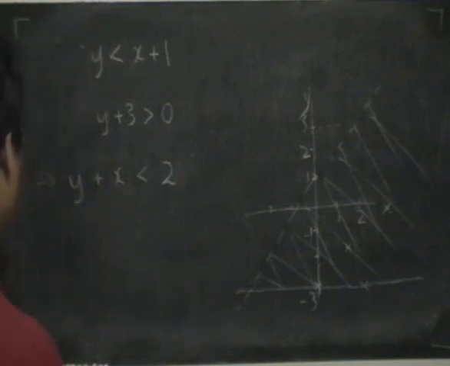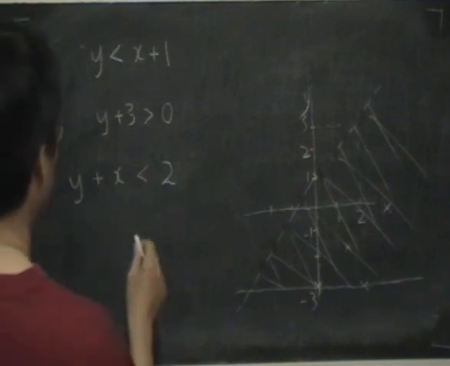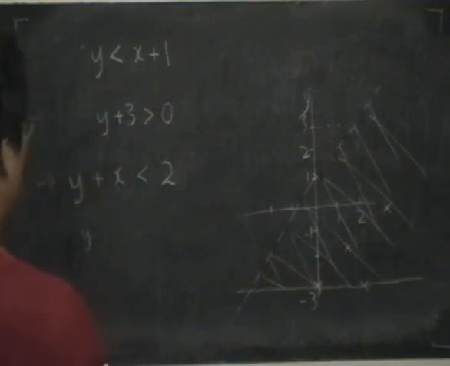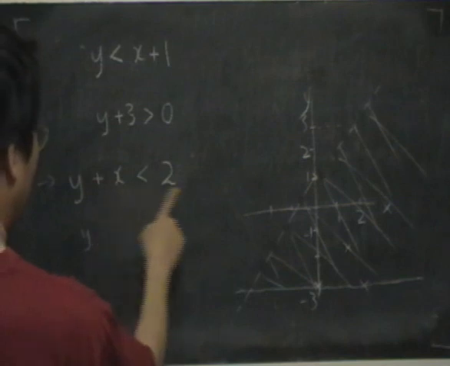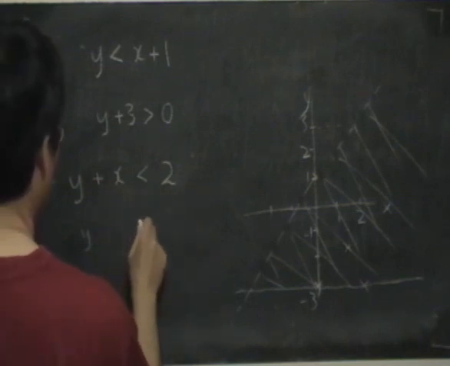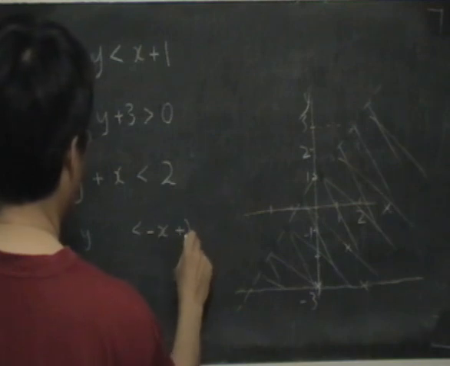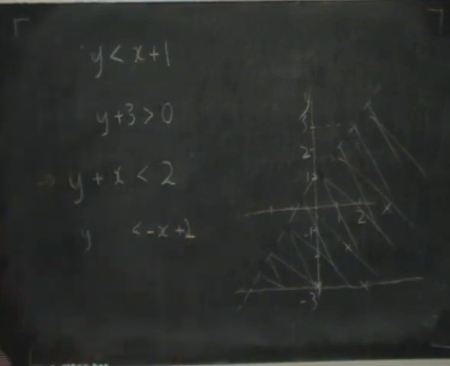Okay, now what I'll do is I could rearrange that to keep y on one side. I can do that by subtracting x from both sides. Subtracting x from both sides, I get that. So that's the first step.